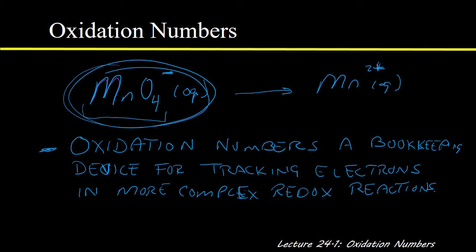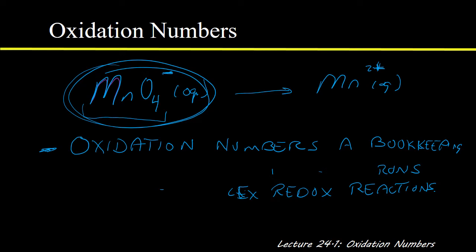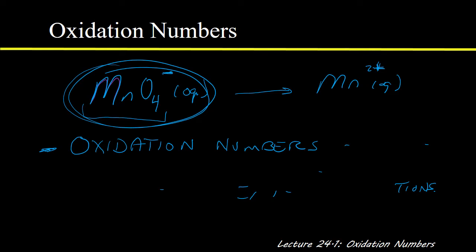Oxidation numbers are just kind of a bookkeeping device for keeping track of electrons in more complex redox reactions. Okay, so that's one way to think of it. That's one of the reasons that oxidation numbers are important. Another thing we could say about them is when we've got simple ions everywhere, oxidation numbers are obvious. They become less obvious when we involve covalent bonding.